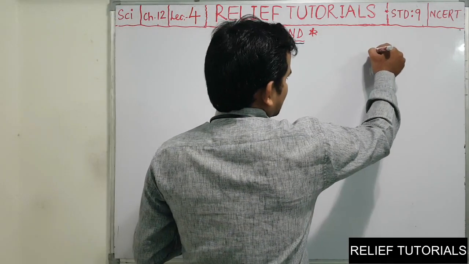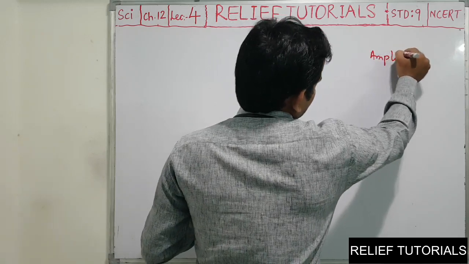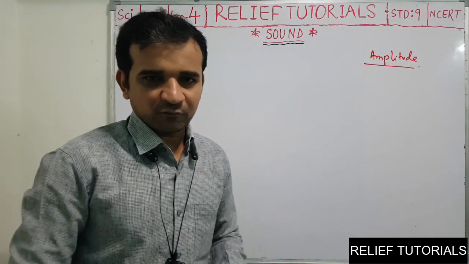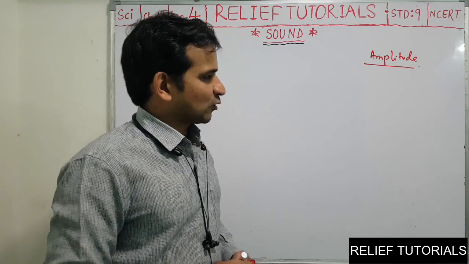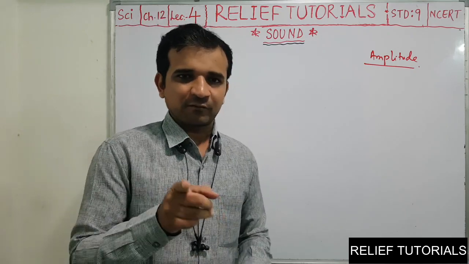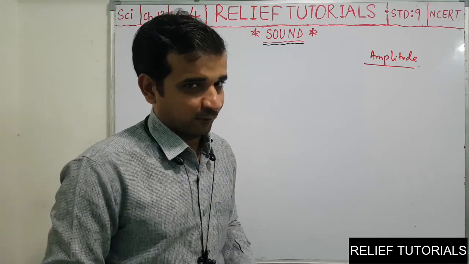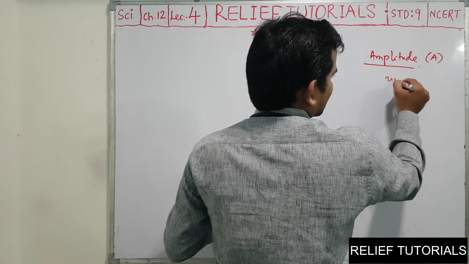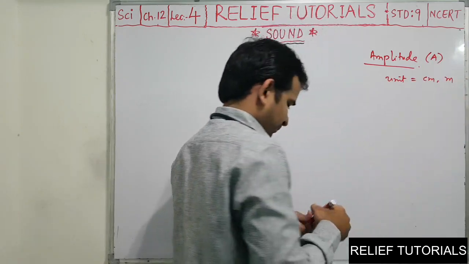The first term we have seen was amplitude. Amplitude means maximum displacement of a particle from its mean position, or we can say maximum displacement of a wave from its mean position is called the amplitude of that wave. Symbolically, it is A and the unit is centimeter or meter.